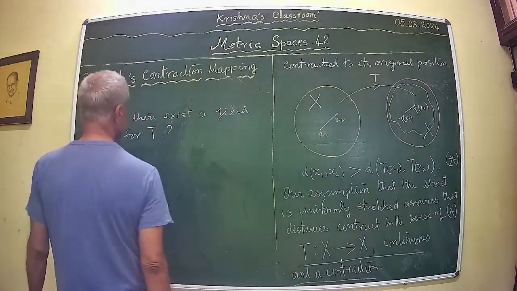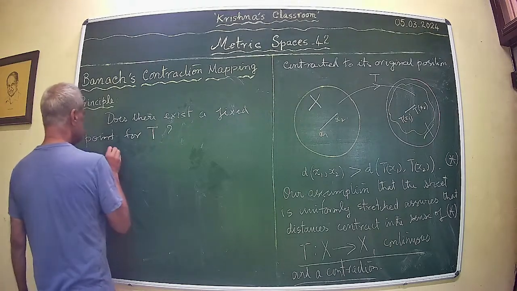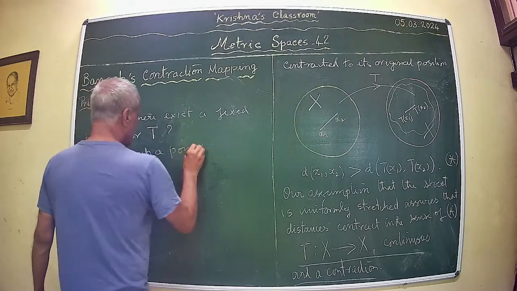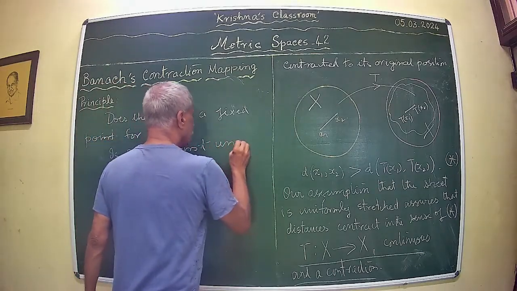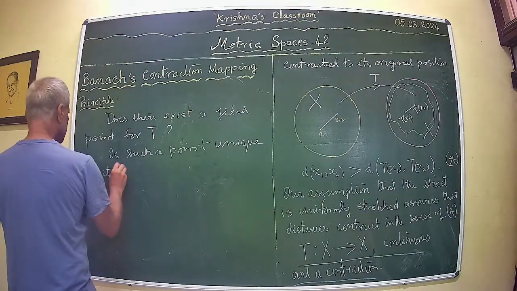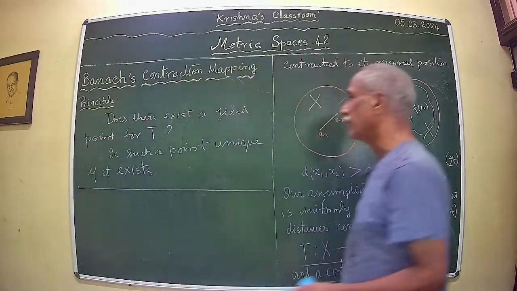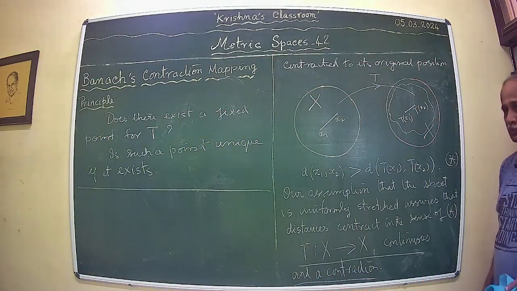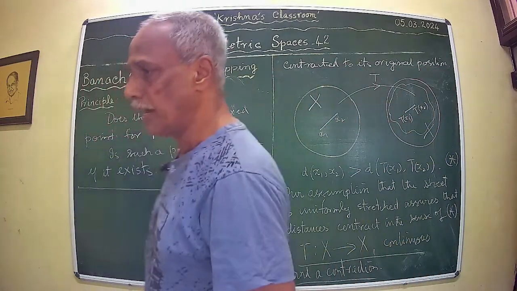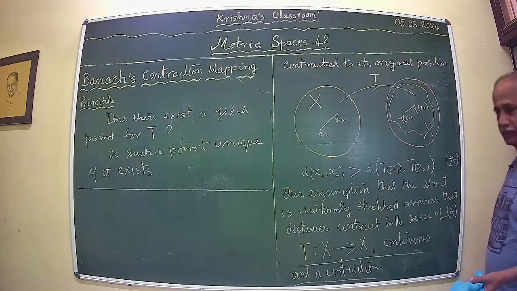Secondly, does there exist a fixed point for T? Is such a point unique, if it exists? Now this is the problem that we are having. Okay. So we try to work out a theorem of this kind.